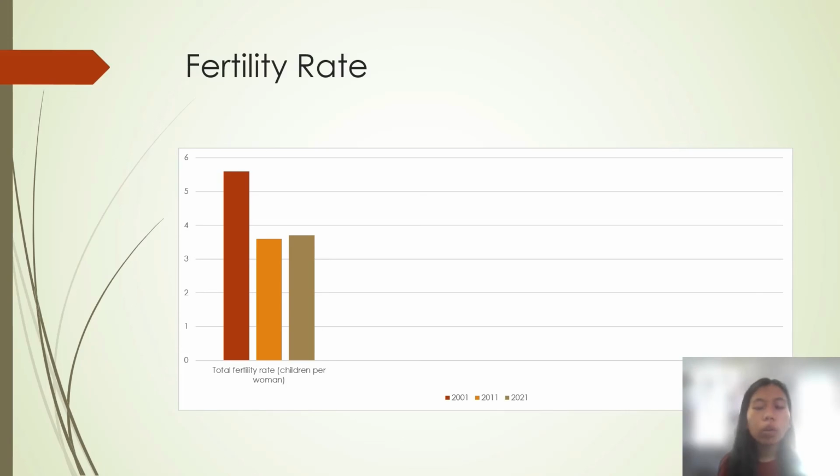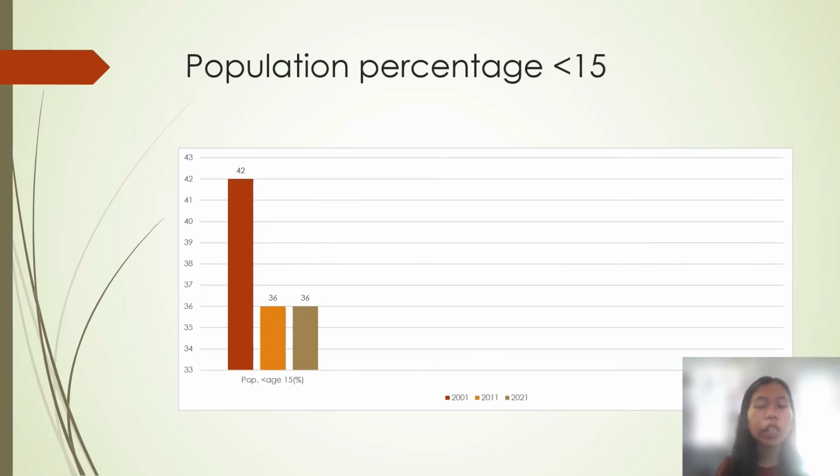Fertility rate in 2001 to 2011 declined, however, it increases in 2021. Population percentage of people ages 15 and below in 2001 to 2011, the population percentage declined. However, in 2011 to 2021, the population percentage remained constant.